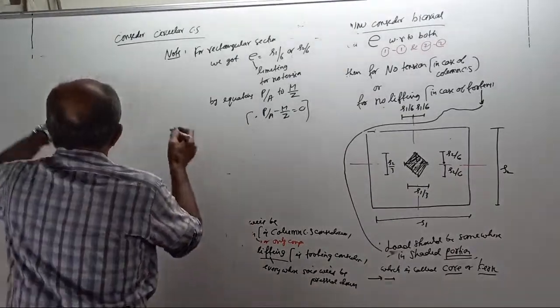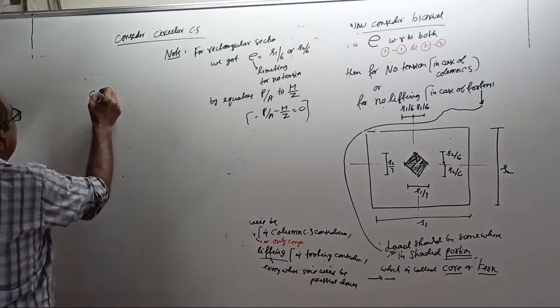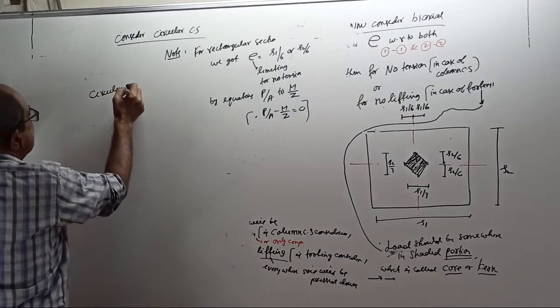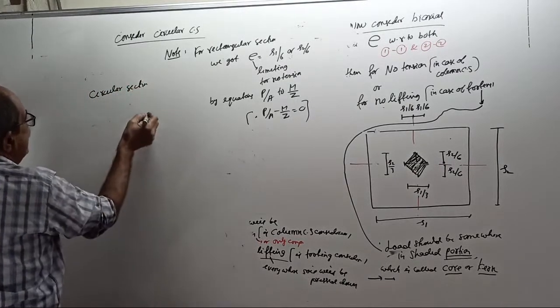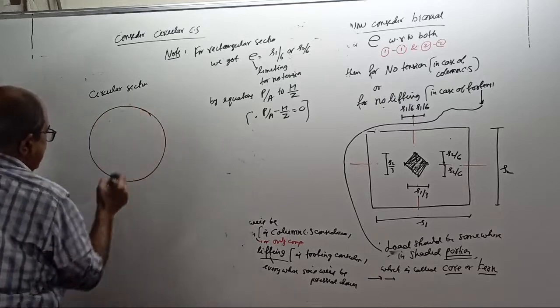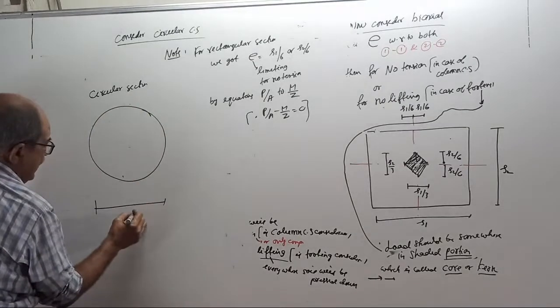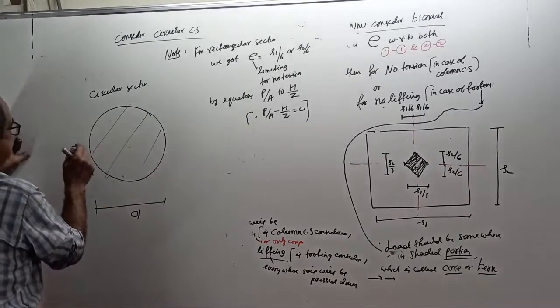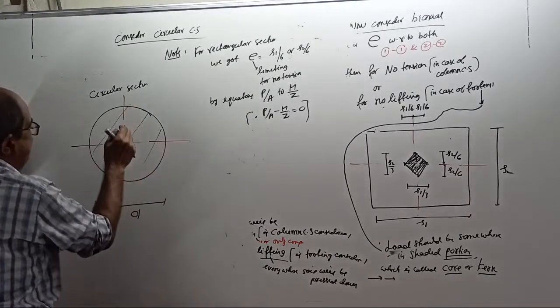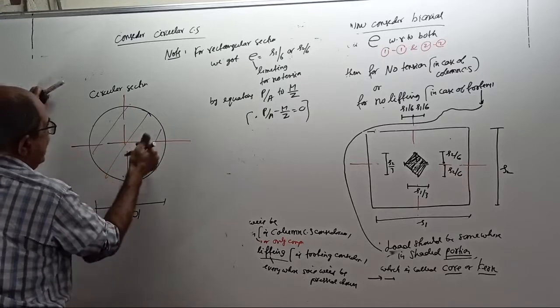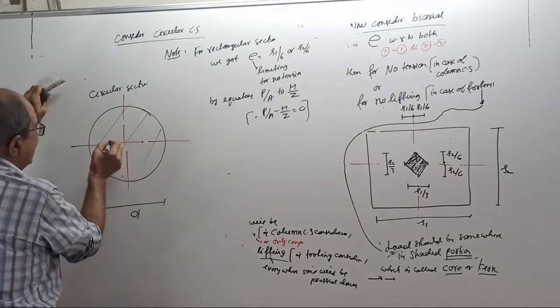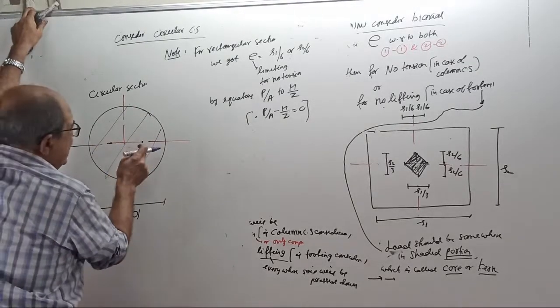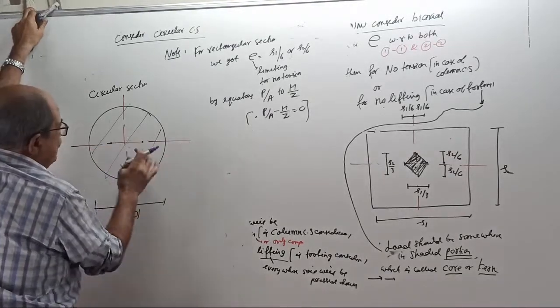Now, if it is circular section, let the diameter be D. This is the axis. Consider the load anywhere here, or here. It can be here or here, but within the limit, a little inside.